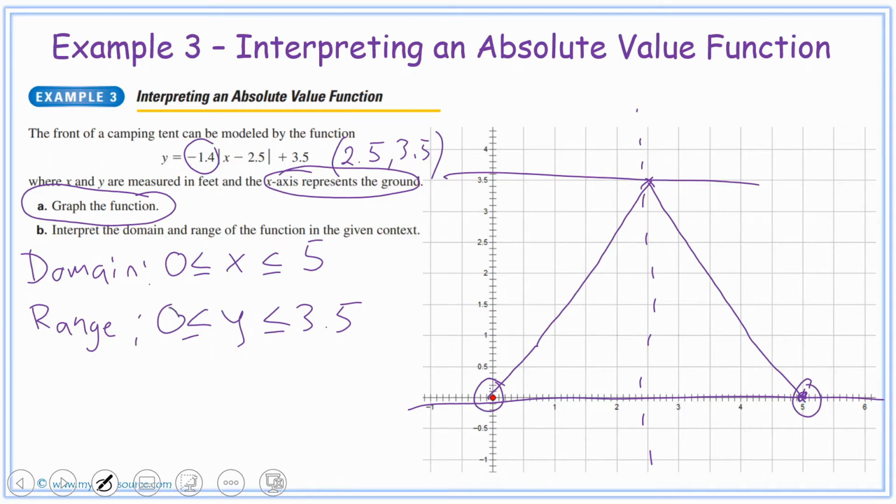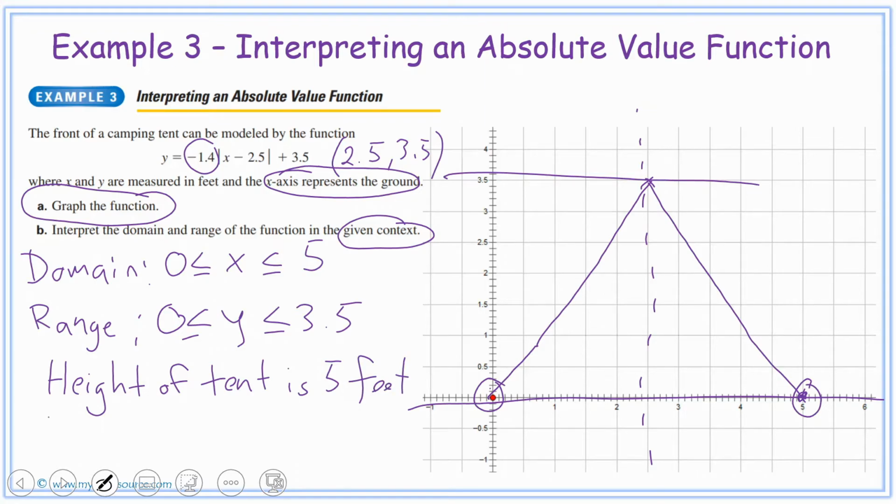So that means, in terms of the given context, the height of the tent is 5 feet, and the width of the tent is also 5 feet, right?